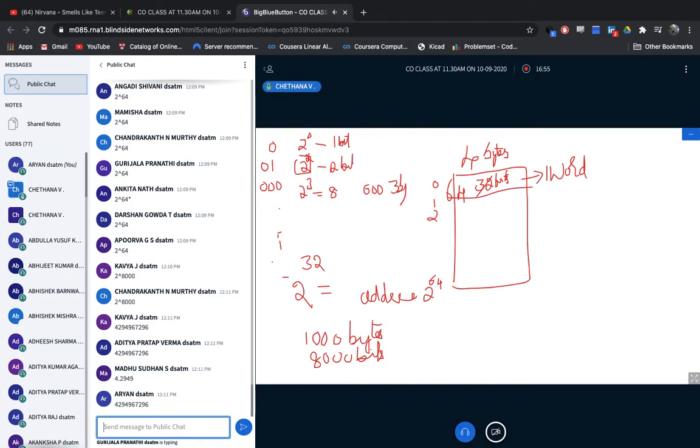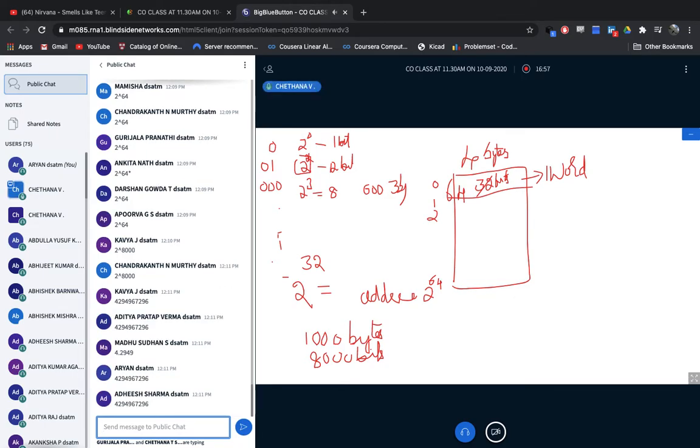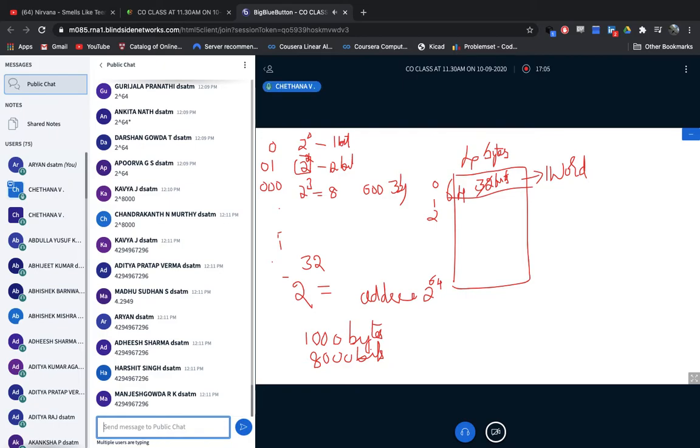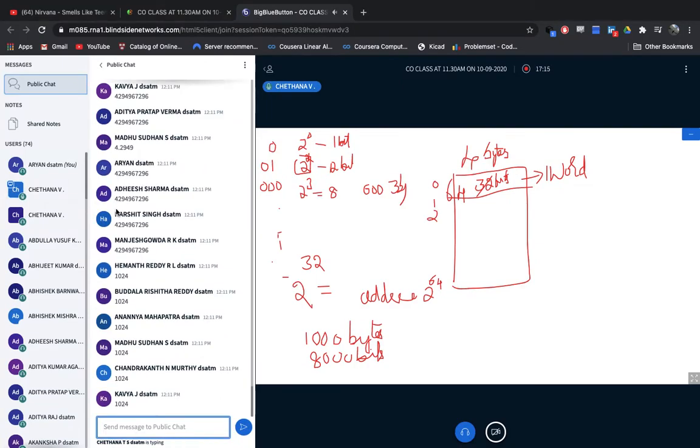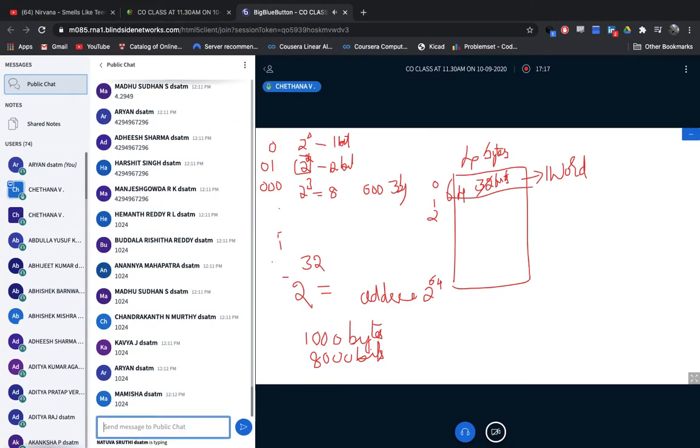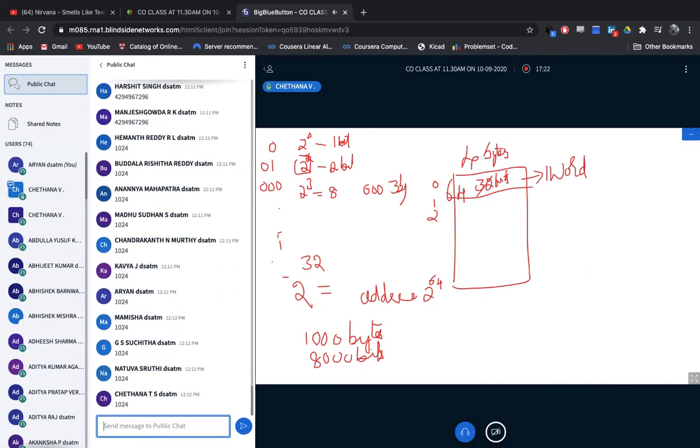2 to the power of 32 is 429496 like that. Then 2 to the power of 10 is how much? 1024. Very good. Just come to the point, it's very, very important. 2 to the power of 10 is equal to 1024.